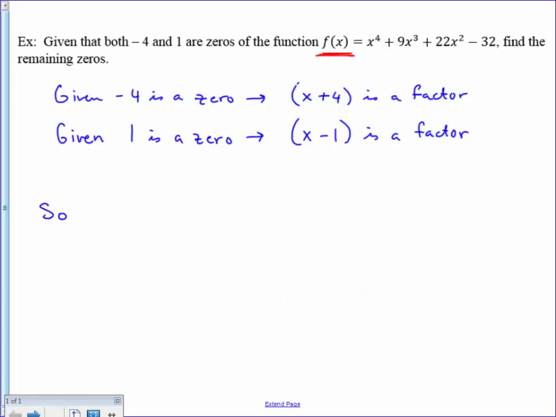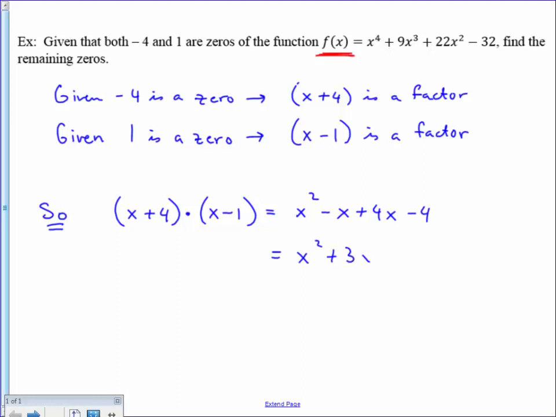All right, so x plus 4 times x minus 1, which equals x squared minus x plus 4x minus 4, which equals x squared plus 3x minus 4, is also a factor of f of x.